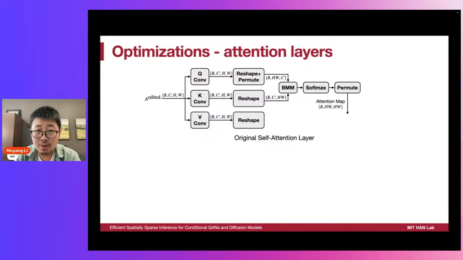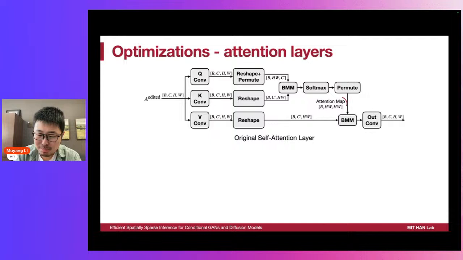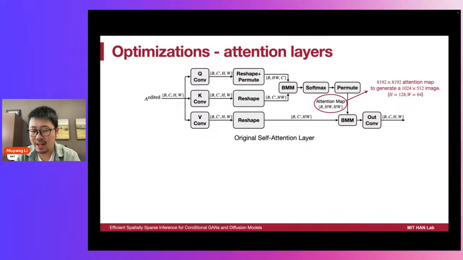You first use batch matrix multiplication on the queries and keys to get the attention map. And you multiply this attention map with the values to get the output. I guess everyone is very familiar with the attention pipeline. The problem is that if you want to generate a 1K by 512 image, your attention map can be 8K by 8K for Stable Diffusion, which is really giant.